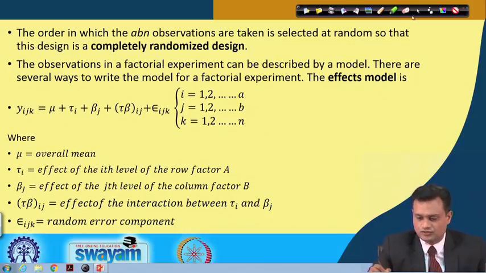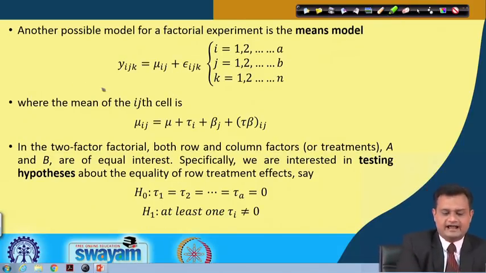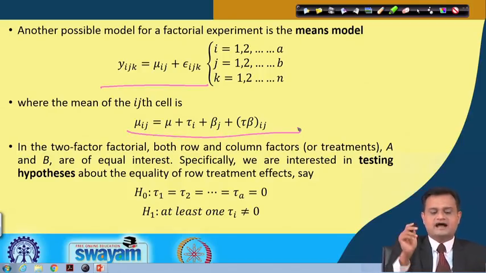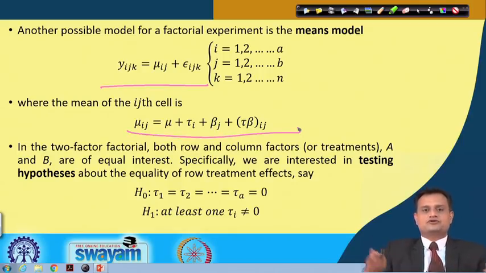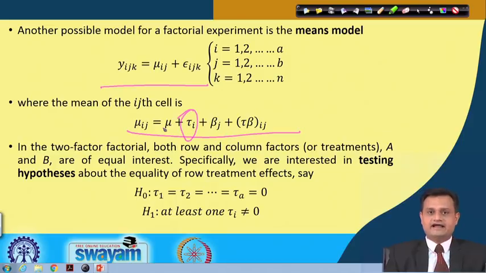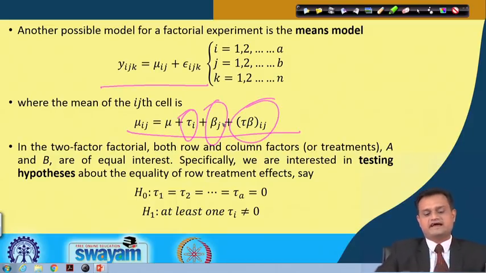When you appreciate this basic model, Yijk is basically the mean specific to i and j, mu ij, plus epsilon ijk, and mu ij is represented in statistical mathematical terms as mu plus tau i, the row effect, plus the column effect, plus the interaction effect.